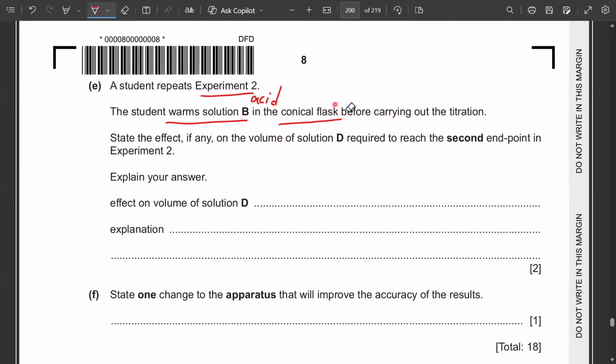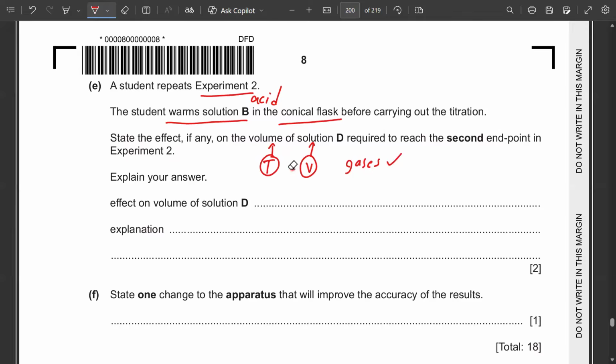If the student warms the solution, you might be thinking that increasing the temperature basically increases the volume. Be mindful that this happens and is more significant in the case of gases.